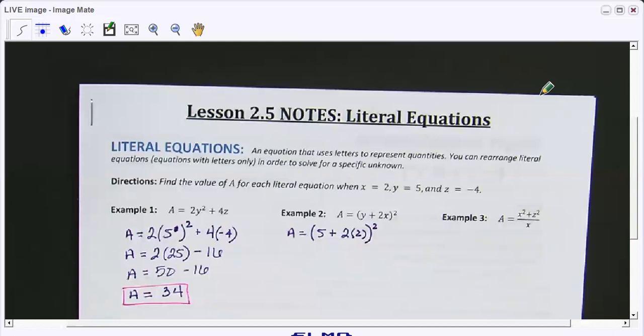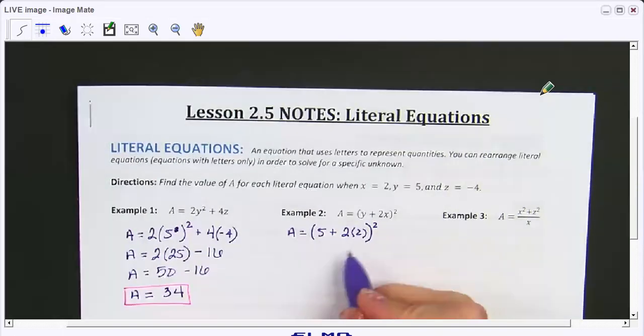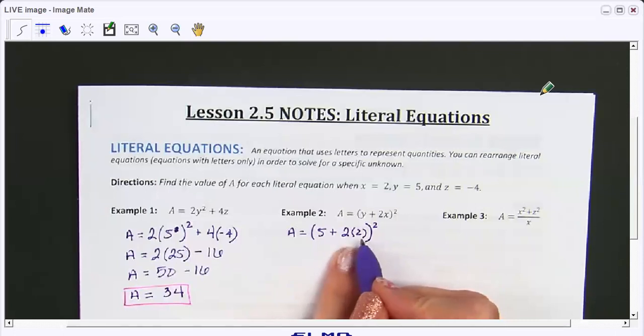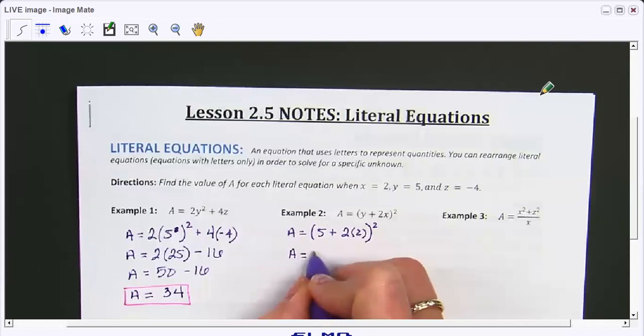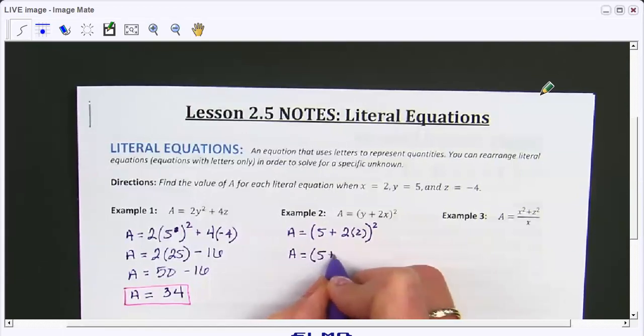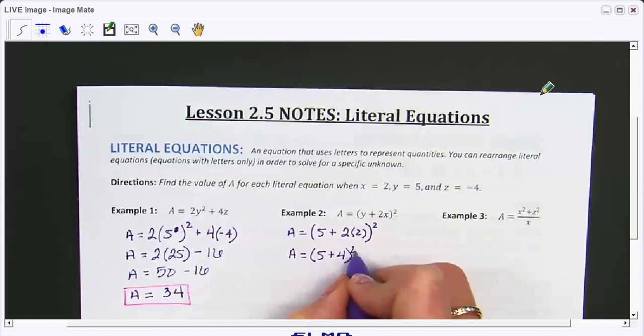Now remember, in order of operation, we move from inner to outer. So we start with the innermost part of our equation and start moving out. So in this case, we have to multiply 2 times 2 first. And we get 5 plus 4 squared.